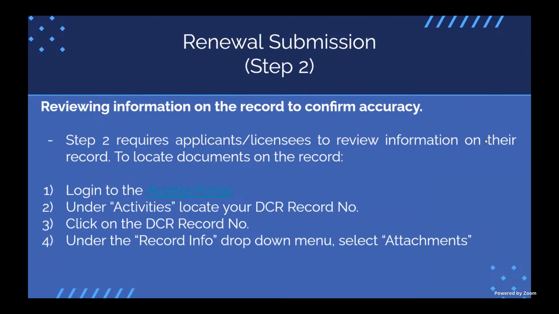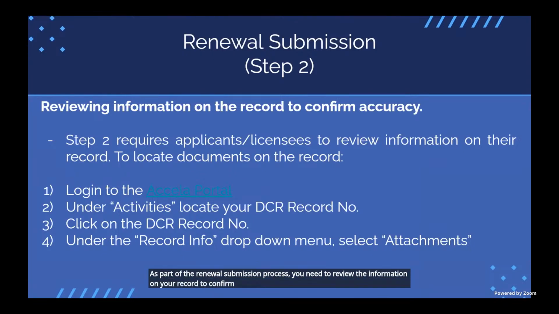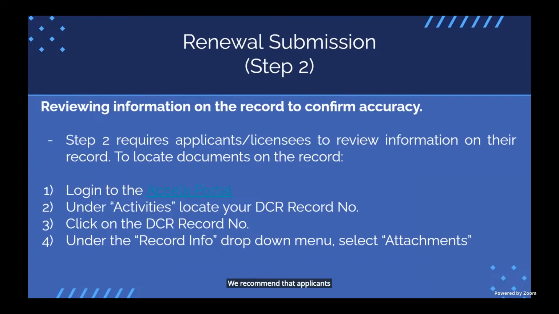As part of the renewal submission process, you need to review the information on your record to confirm its accuracy. We recommend that applicants and licensees go into the DCR licensing portal, locate their record, go into activities, click on your DCR record number, and then under record info, which is part of the drop-down menu, select attachments.